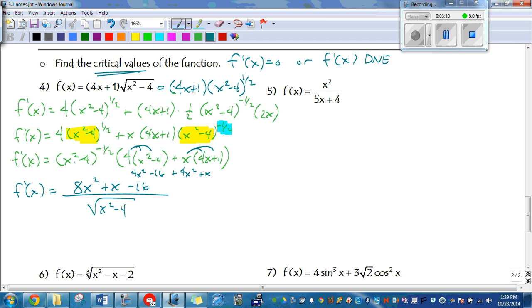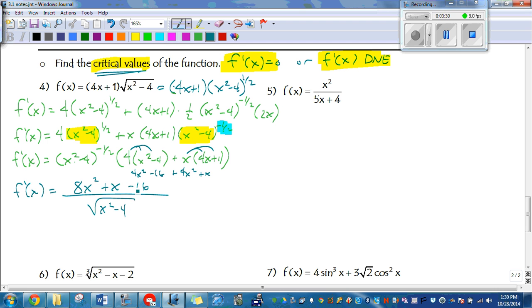So for this problem, we've got our derivative kind of simplified out. Now, remember, our goal here, what we're trying to do, is find out when is the derivative 0 and when does the derivative not exist. Right? Those are the critical values. So we want to figure out when this is equal to 0, when it would not exist.